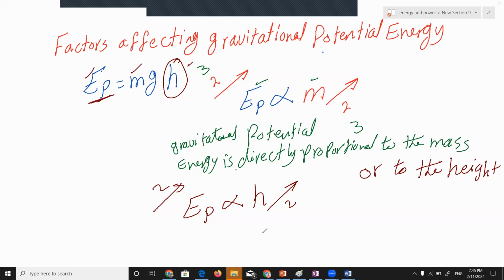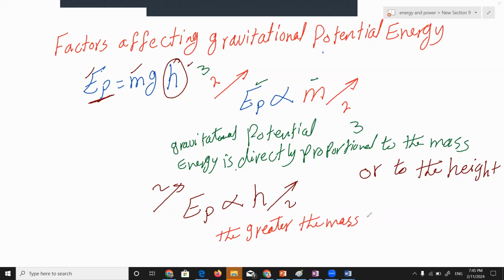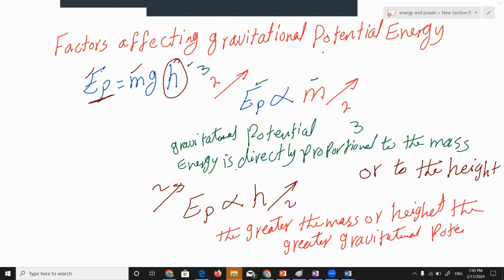So you can just write this: the greater the mass or height, the greater the gravitational potential energy.